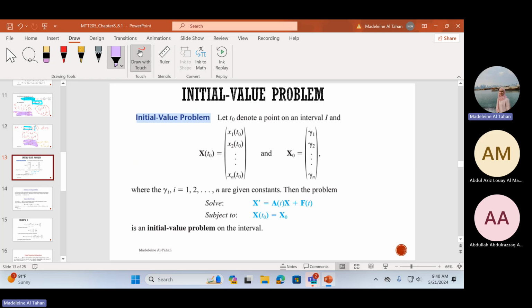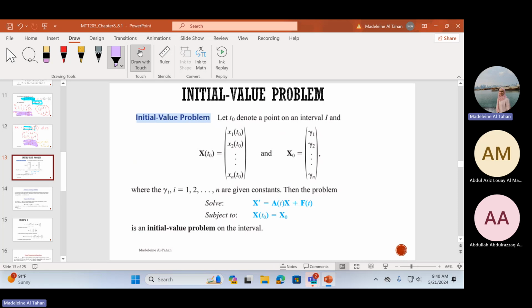Now, what do we mean by an initial value problem for the linear system? We are given the linear system, but we are also given the solution at a certain value of t.